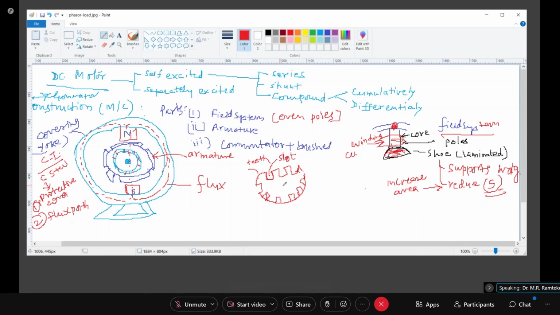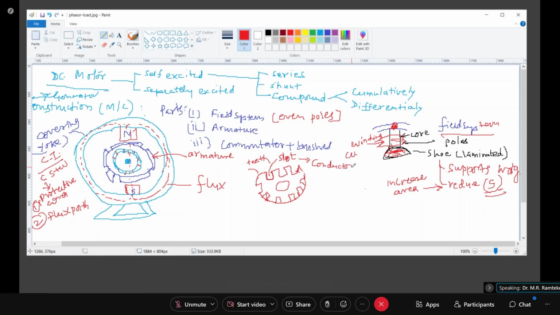The core has a central hole, and this is on the periphery of the laminations. This is always laminated. So in the slot, a coil or a conductor will be put.